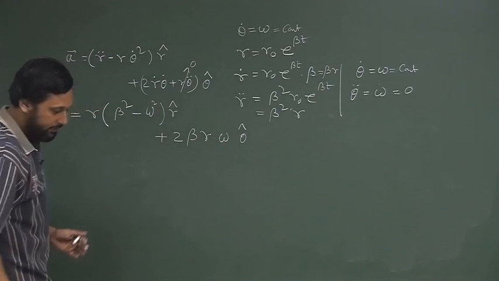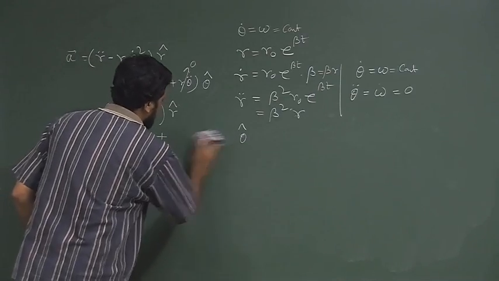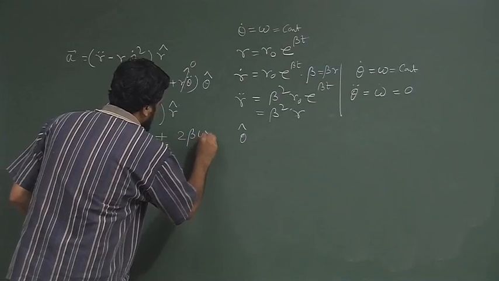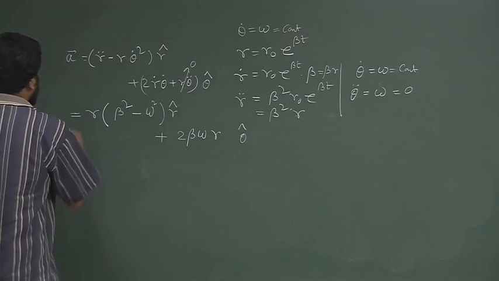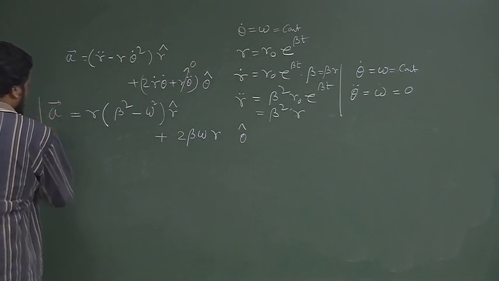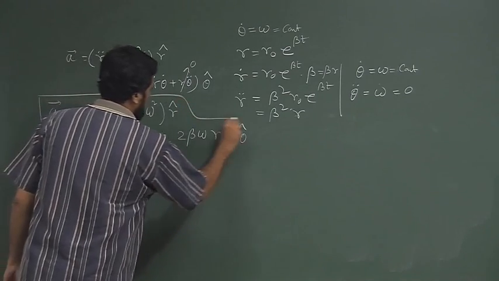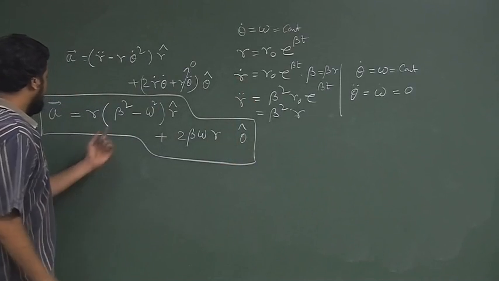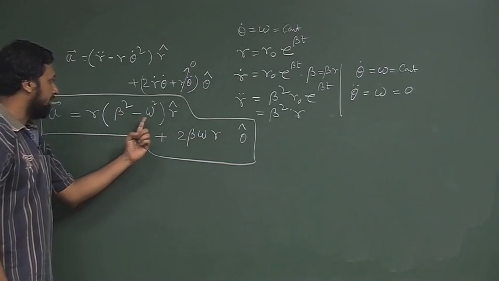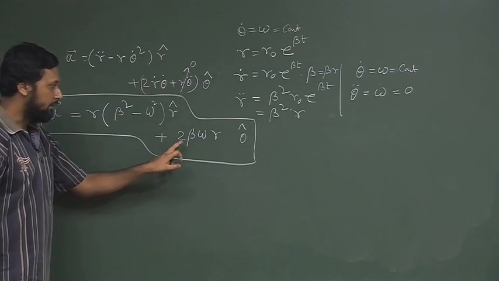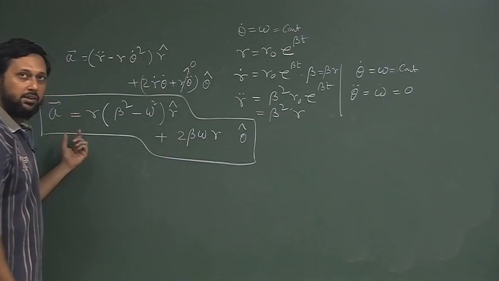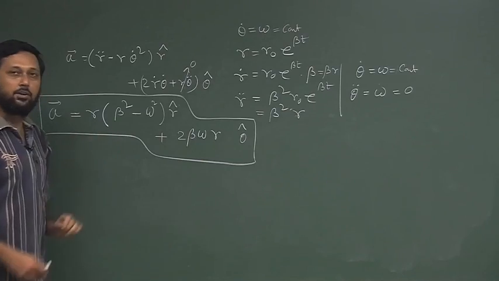We will just rearrange the second term, bring the constants, omega r theta dot. So, we have this as our answer. So, we have r times (beta square minus omega square) r cap plus 2 beta omega r theta cap. So, this is the final expression for the acceleration A in this particular case.